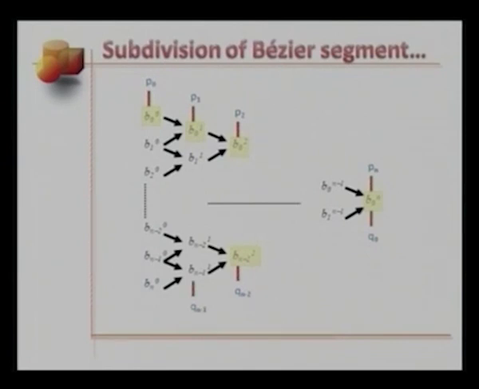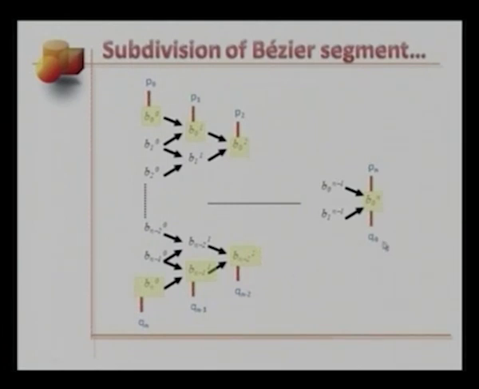Likewise, the last point of stage 1 repeated linear interpolation, this intermediate de Casteljau point will be Q sub n minus 1. And this one, of course, the last data point will be Q sub n.